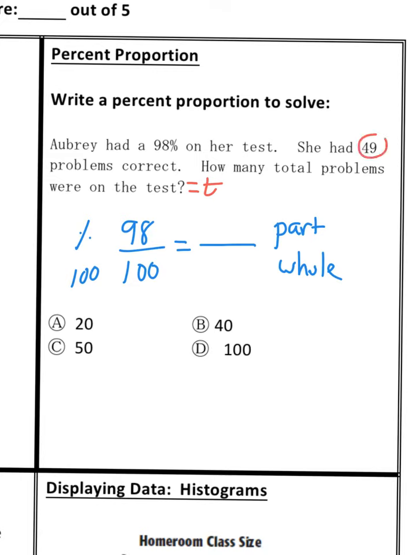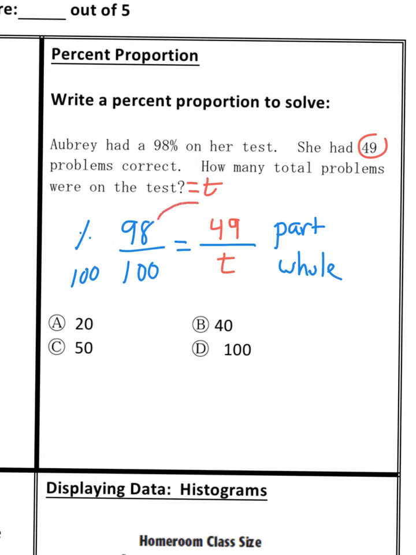So if you think the correct problems will be part of the test, the total problems is the whole. So the 49 goes here, and the T, or whatever your variable is, should be here. That's what we don't know. Now to do this one, I noticed that I can do 98 into 49.